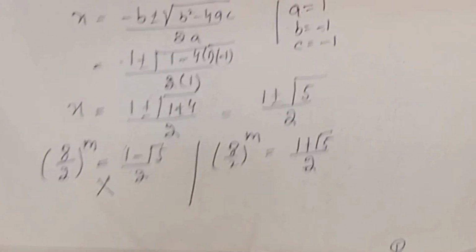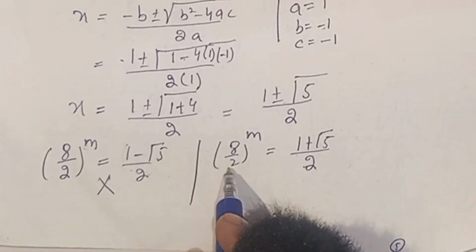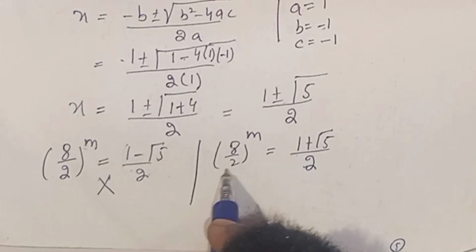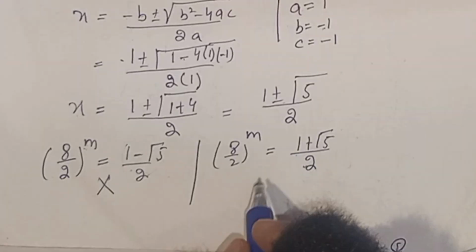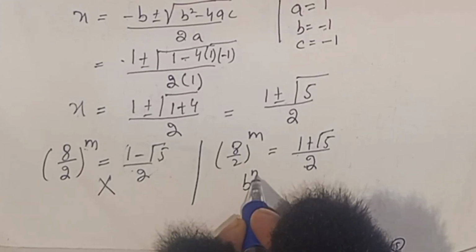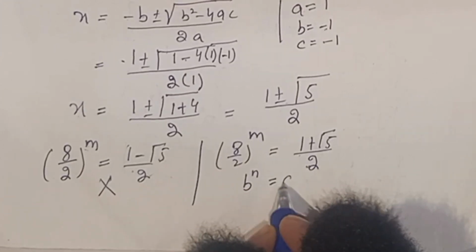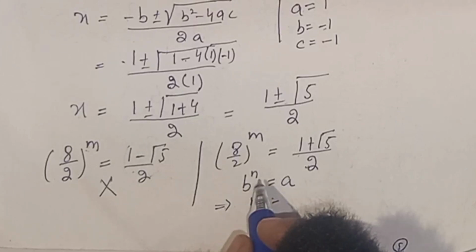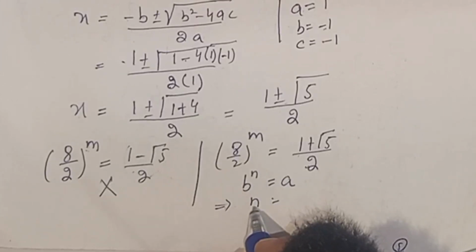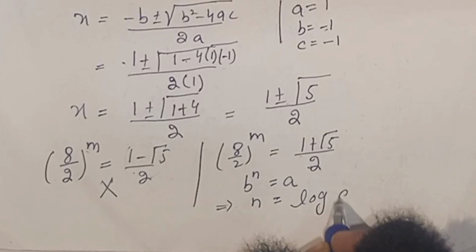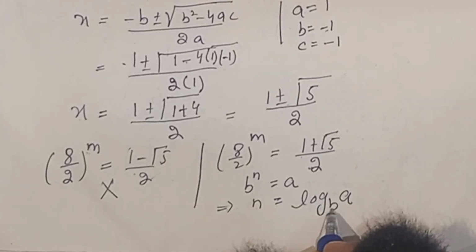And the left hand side is an exponent form, so we can use this equation. And we know that if b raised to the power n is equal to a, this implies, if we write this equation in log form, then n is equal to log a with base b.